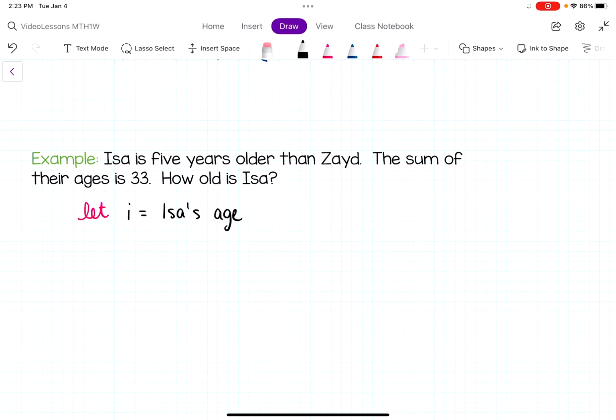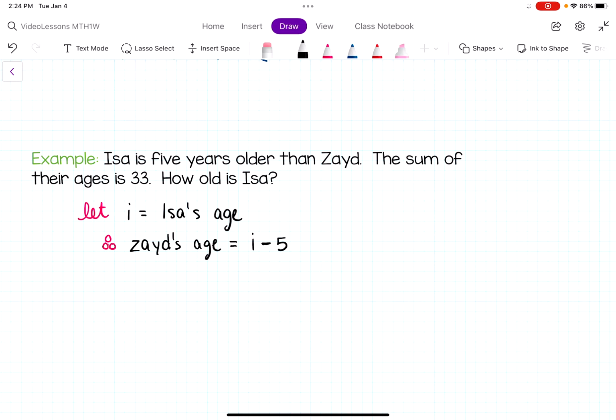So if that's Isa's age, therefore, I could get Zaid's age, couldn't I? In terms of Isa's age, because it says that he's 5 years older than Zaid. So to get Zaid's age from Isa's age, I would have to subtract 5.